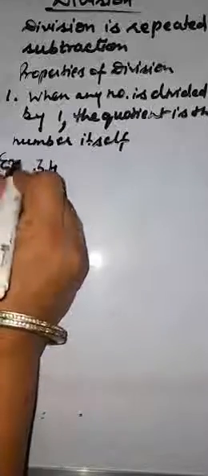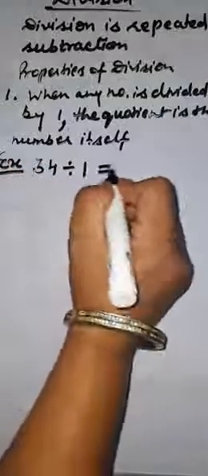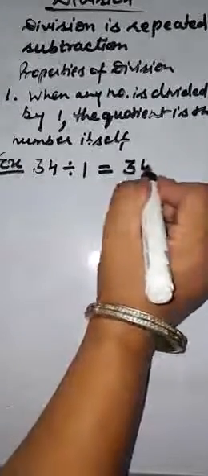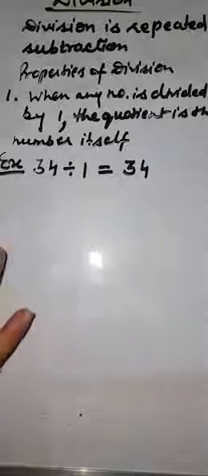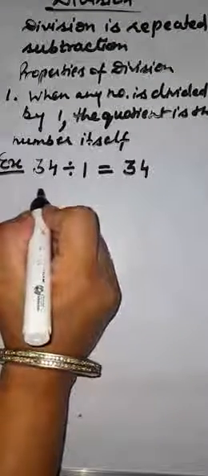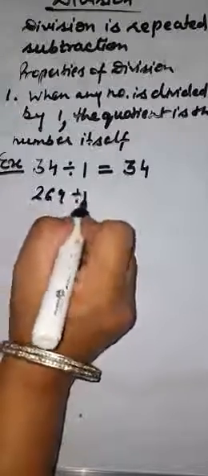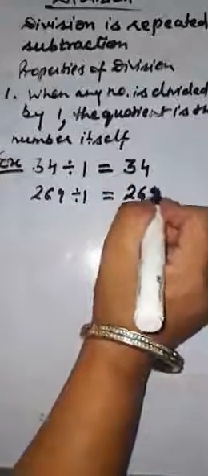If we divide 34 by 1, what is our answer? 1 times 34 is 34, because 1 is a number which can divide every number. If we have a 3-digit number, 269 divided by 1, the answer is the number itself, that is 269.